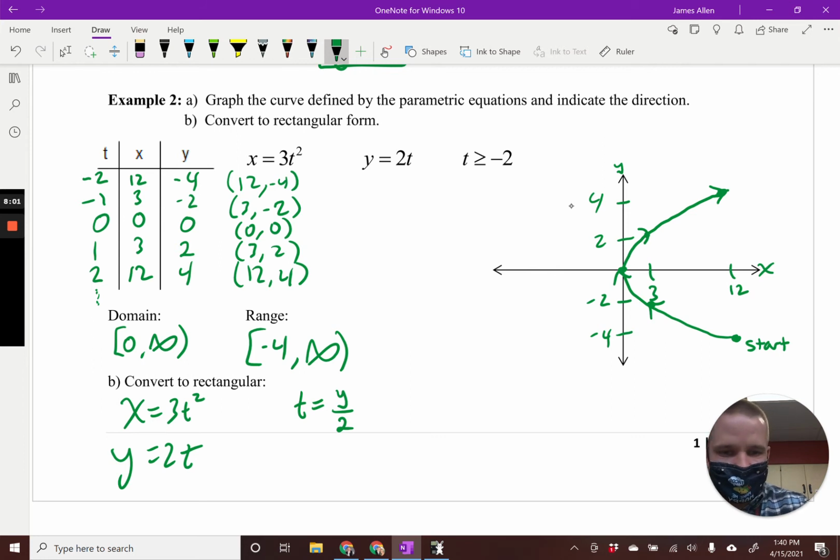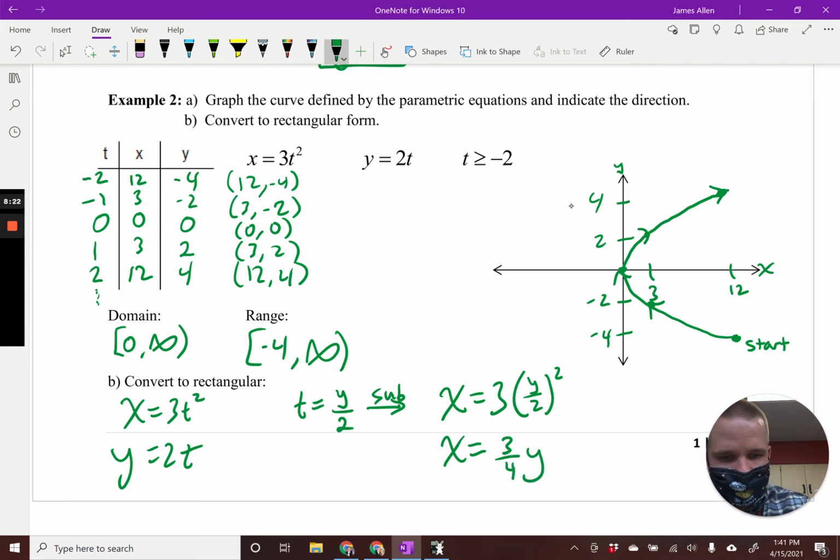Now I can sub that into the x. So I'd have x is equal to 3 times y over 2, squared. Now, if I distribute that square, I get y squared over 4. So really my final here is x equals 3 over 4 y squared if I simplify that. So that's rectangular form. That's good to go.